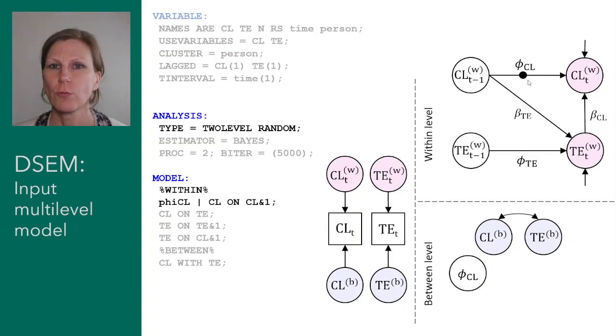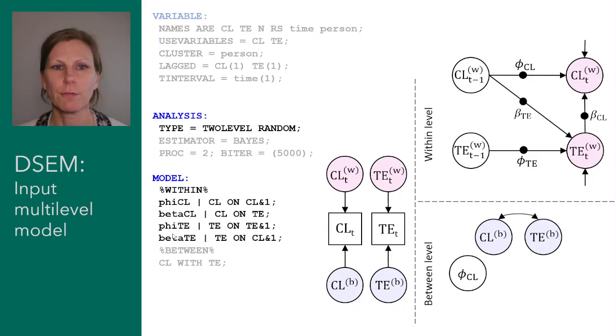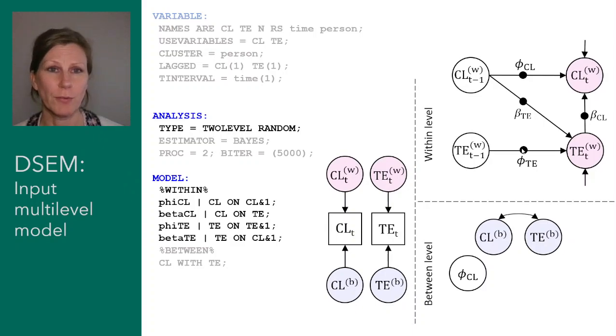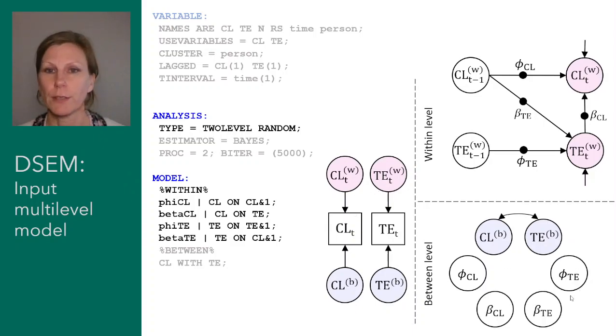So this random slope, random regression parameter, is also now appearing at the between level. And we can do the same thing for the other 3 regressions in our model, so the other 3 one-headed arrows. And all of them now are random slopes or random effects, and all of them are then also appearing at the between person level as latent variables.